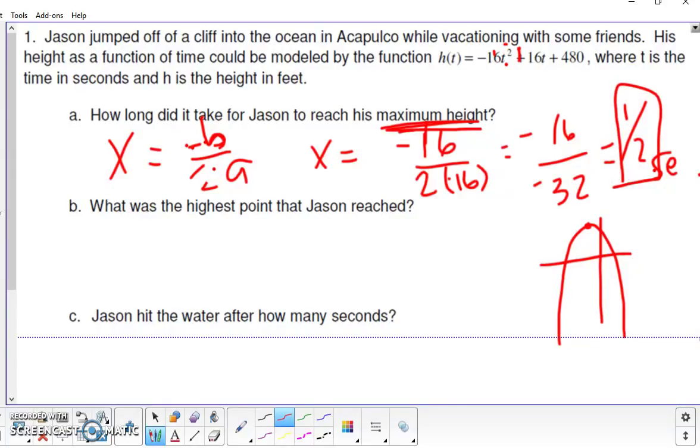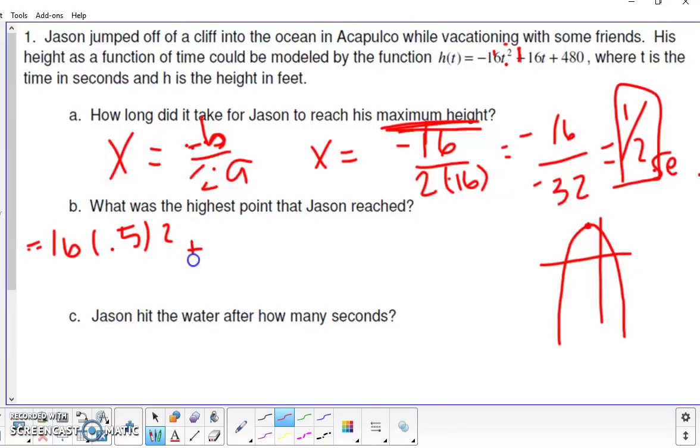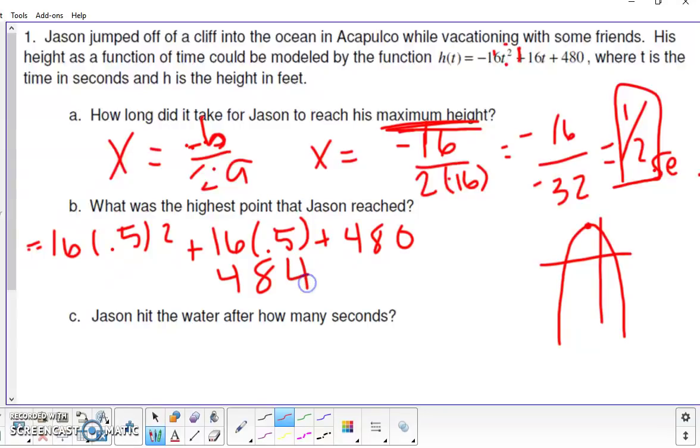We need to plug that back into our original quadratic function. So negative 16 times 0.5 squared plus 16 times 0.5, and again, I'm just plugging in that half a second in place of t, which represented time, plus 480. I'm going to let my calculator do the work from here. And once you do that, you should get about 484 feet.